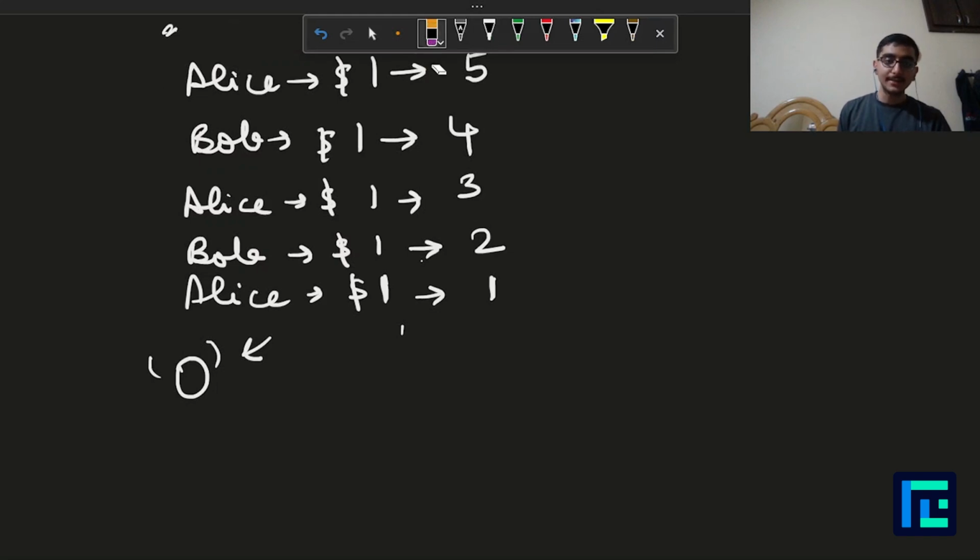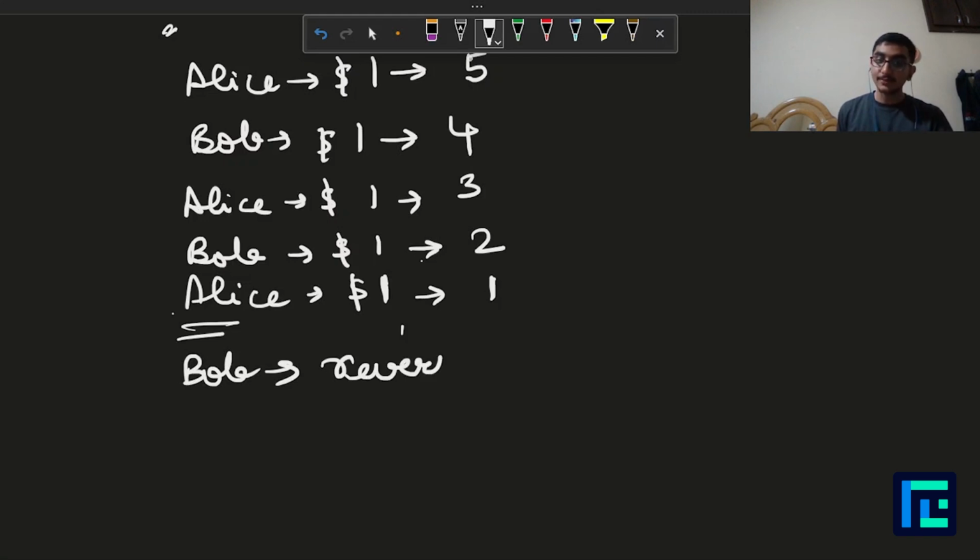But if only a single 0 is left, and as I said there is no middle 0, then this string is definitely, after Alice's operation, not a palindrome, right? As we proved earlier, it can never be a palindrome. So if it is not a palindrome, that means Bob can reverse it. So Bob will use his reverse operation now.